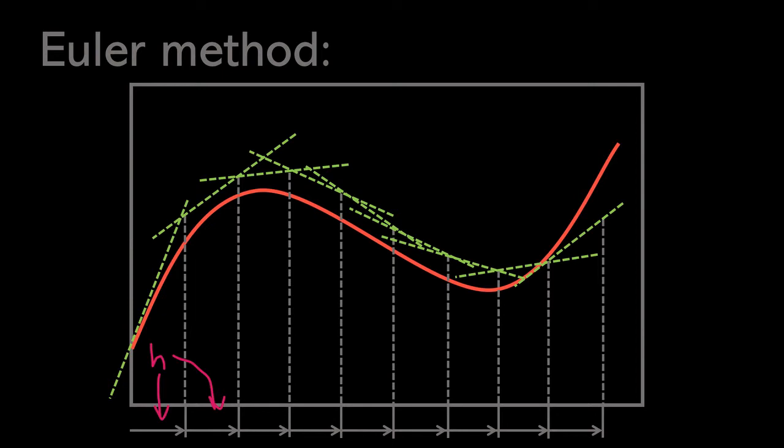All of these have the same step size. The red curve is the exact solution to the differential equation, and these green lines are the tangent curves at each of the subsequent prediction points. The first point here at time 0 is known, and it's the initial condition.